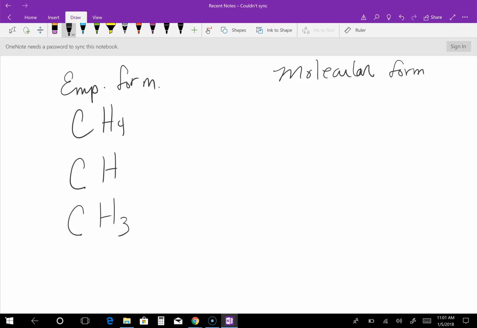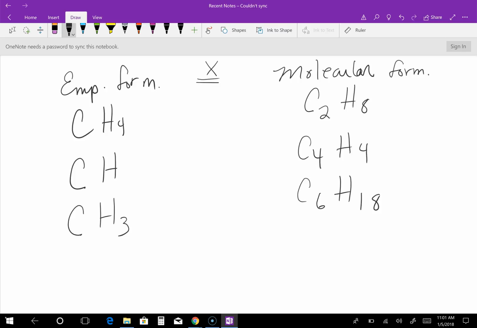And now I will write some molecular formulas that go with the empirical: C2H8, C4H4, C6H18. Now, the factor X that's involved: 2, 4, and 6.